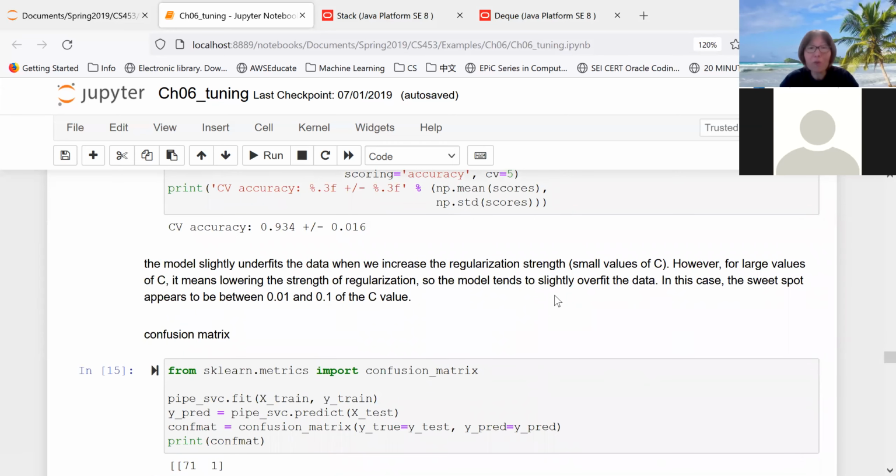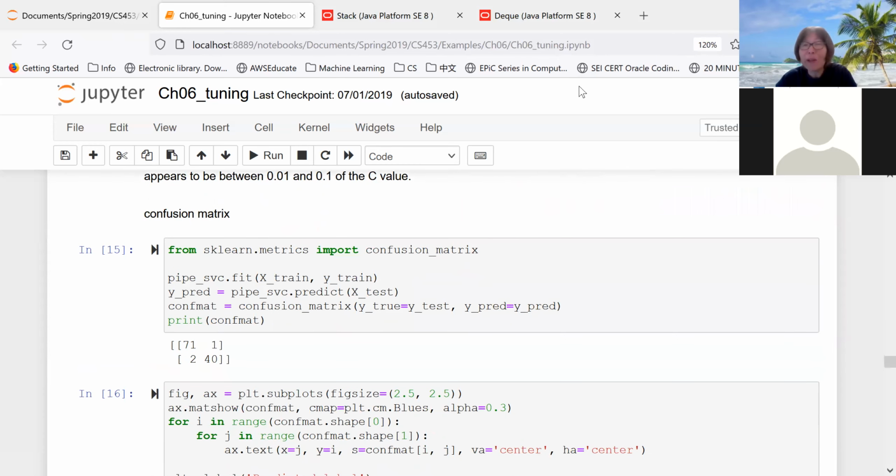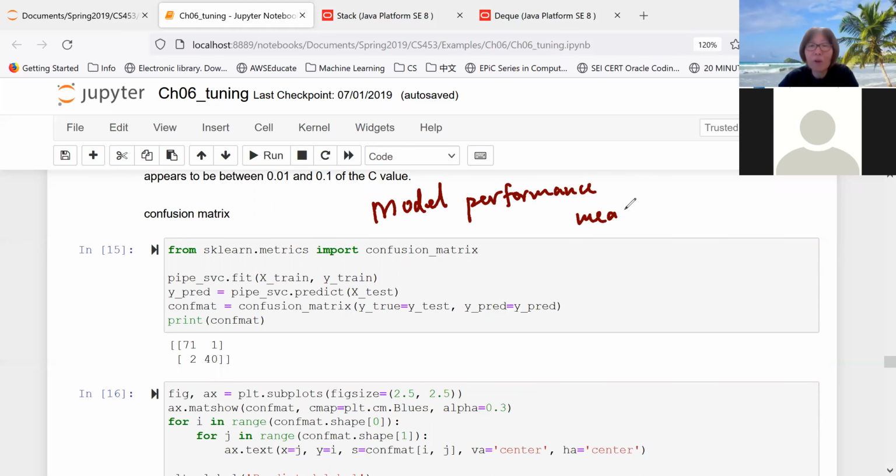So this is regarding grid search. And what next to try to show? Previously, if you recall, we already discussed the concept regarding model performance measuring.